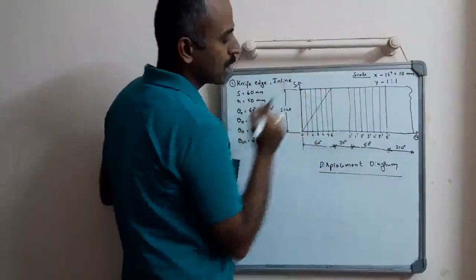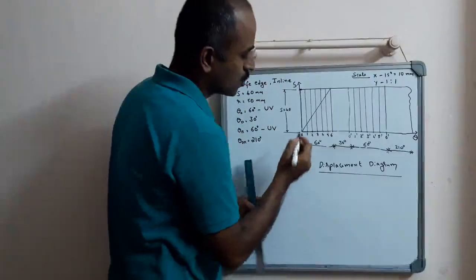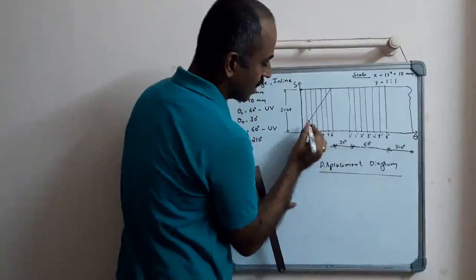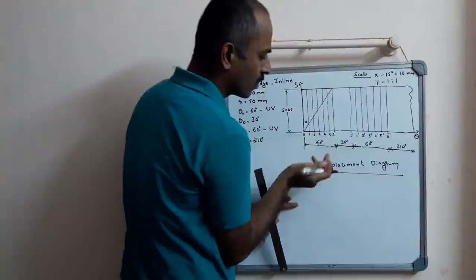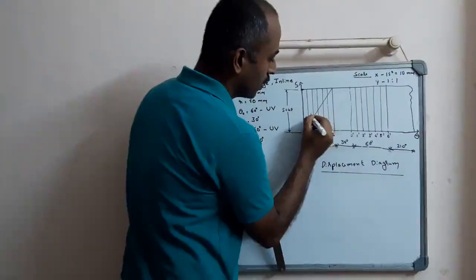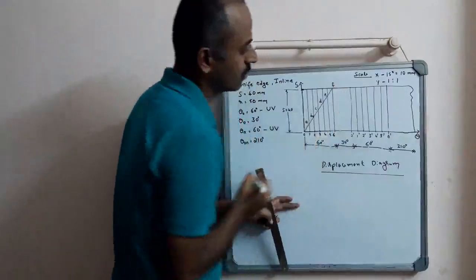This displacement curve will intersect the division lines. So we'll identify those points as, say, small a. You can use capital ABC also, it depends. B, C, D, E and F.